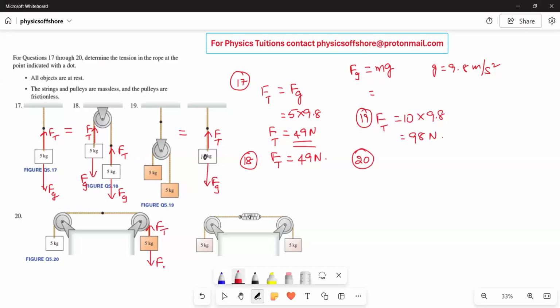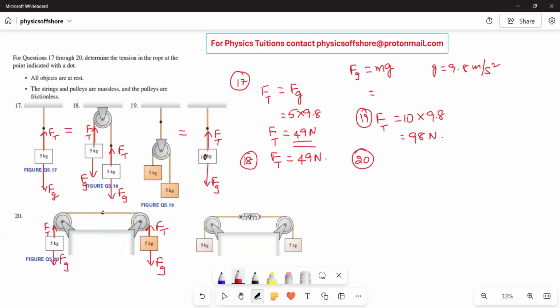Am I right? Similarly, here also we will draw the forces. This is Ft and this is Fg. Remember, both should be of the same length. Both are balancing each other. The object is in static equilibrium.